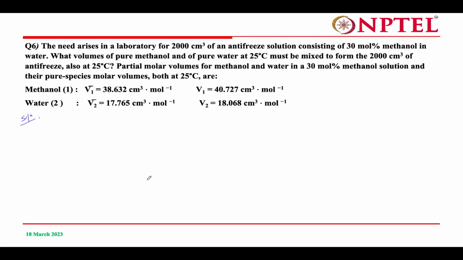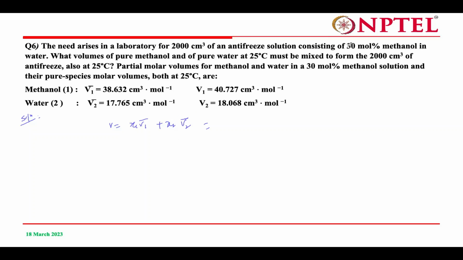So from the summability relation, V equal to x1 V1 bar plus x2 V2 bar. Here 1 indicates methanol and 2 indicates water.